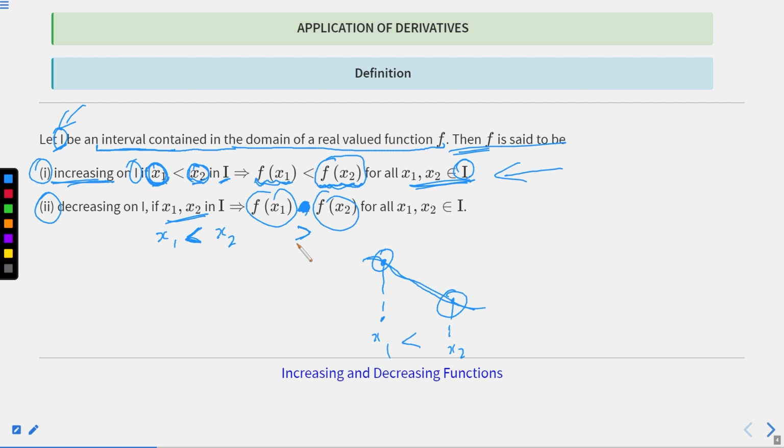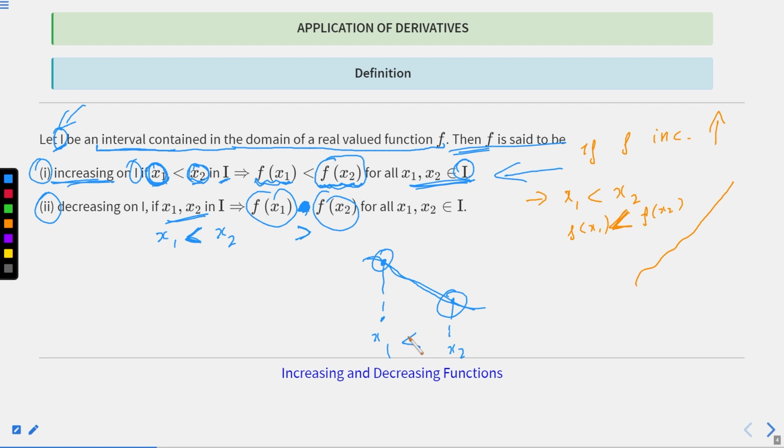So x1 is less than x2, and if f is increasing, then f of x1 and f of x2, the inequality remains the same.